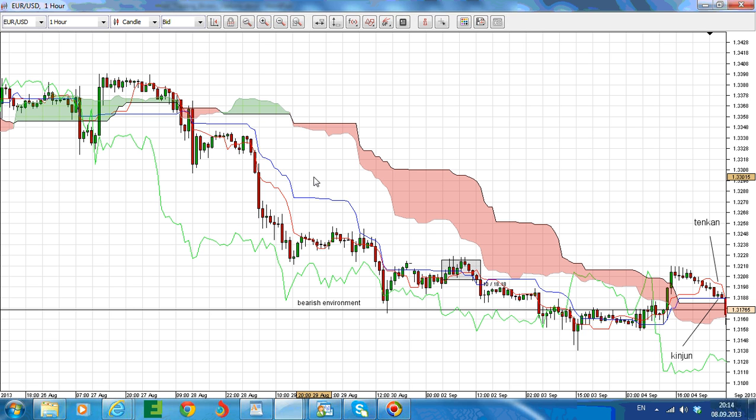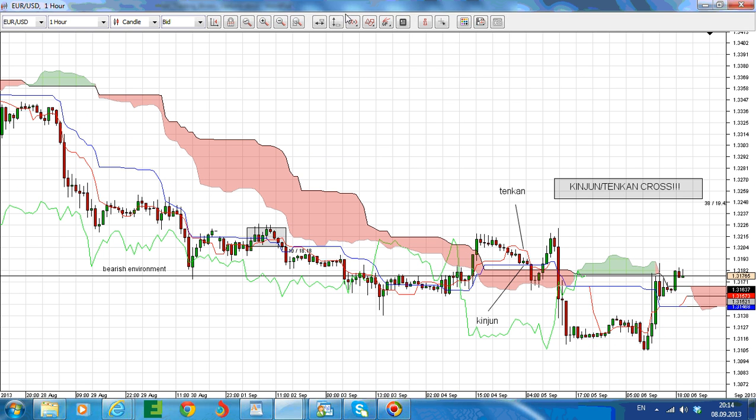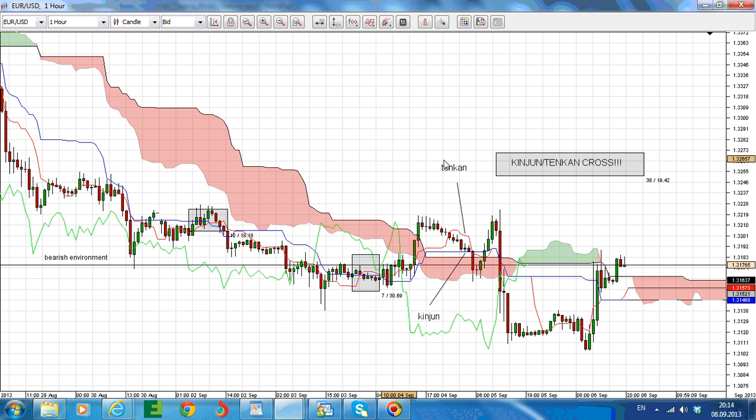And the first sign of weakness comes with the first cross here, price fails again, but then by the time you're having the second cross, it is just signaling more and more power to the upside. And there you go, we are having a third cross right here, right now.